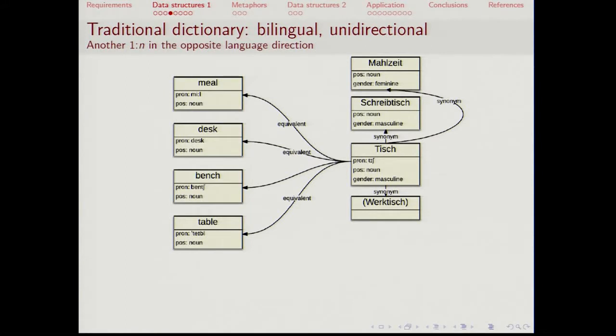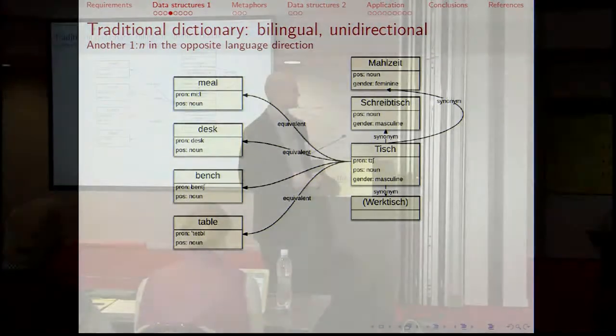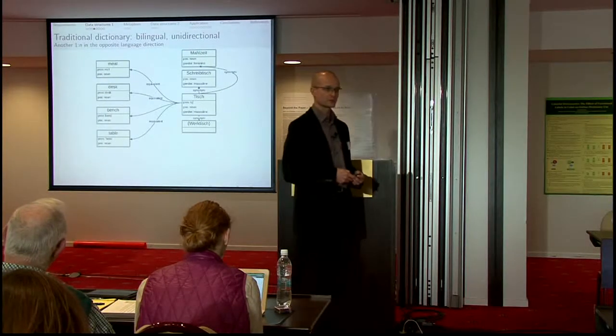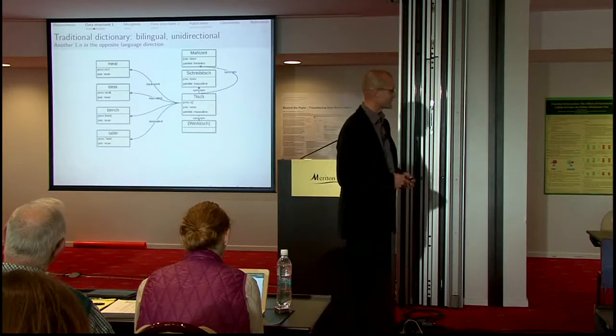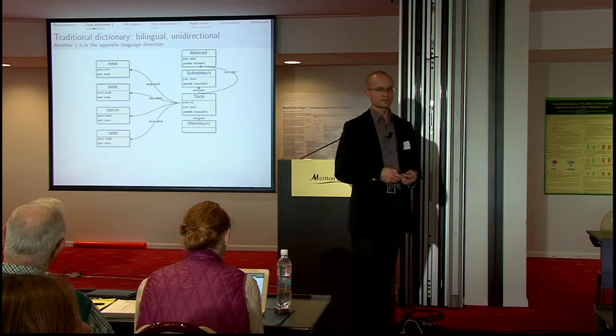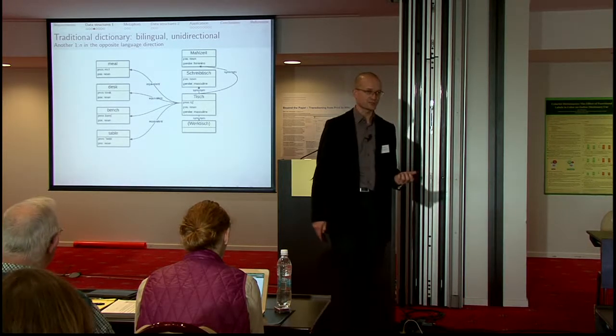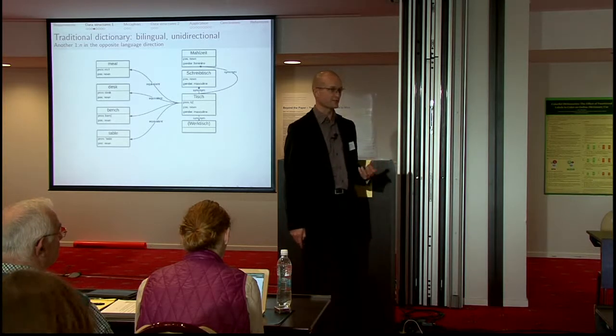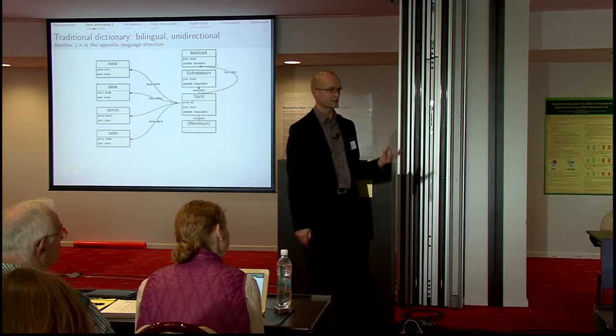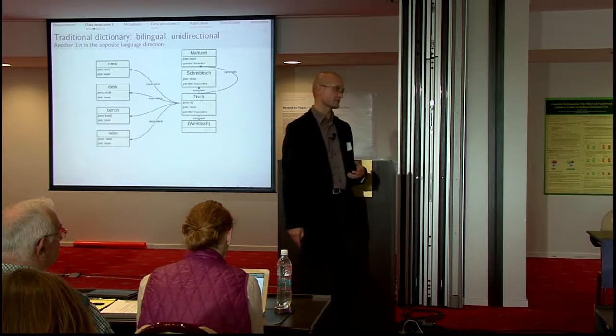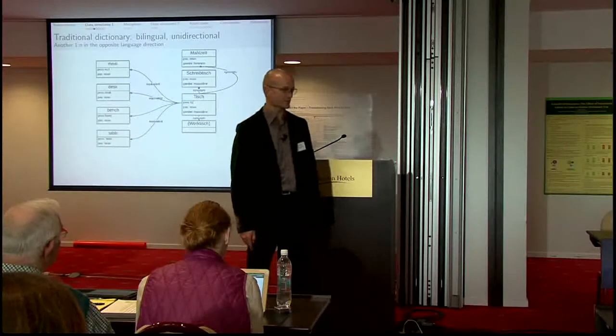Tisch has two synonyms which are represented in the same dictionary. Schreibtisch and Mahlzeit are represented in the dictionary as separate entries, and Werktisch is not. This is an example of the kind of consistency in synonym presentation that I would like to achieve, that if some of them are present, then let all of them be present. Or if the compiler decides them not to be present, then okay, none of them.